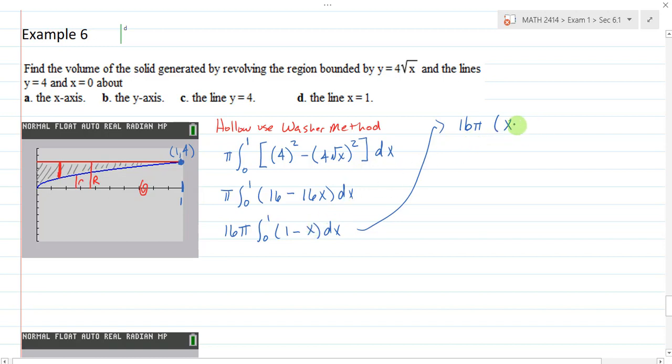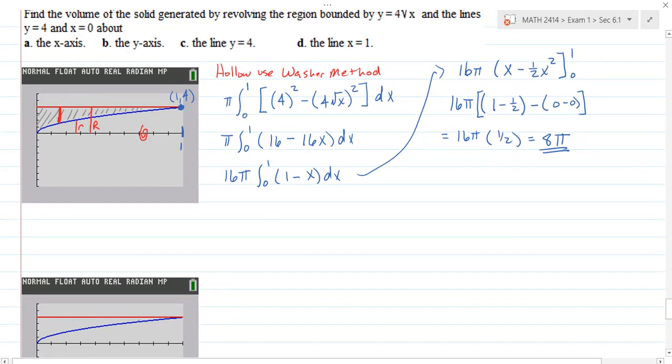When we integrate x, we get 1/2 x squared, and we evaluate this from 0 to 1. So that's going to give us 16 pi times 1 minus 1/2 minus 0 minus 0. So that's going to be 16 pi times 1 minus 1/2 is 1/2, and this ends up being 8 pi.